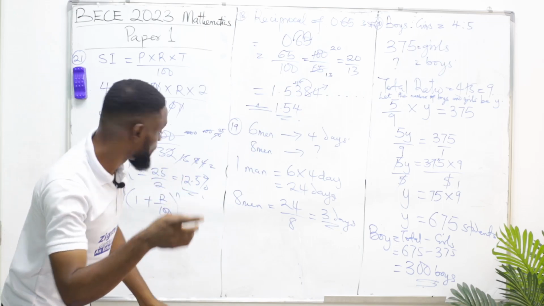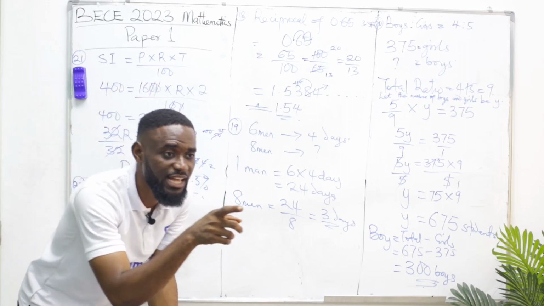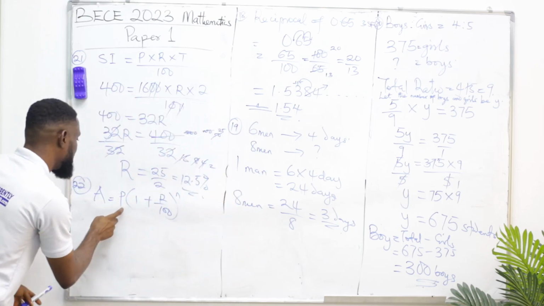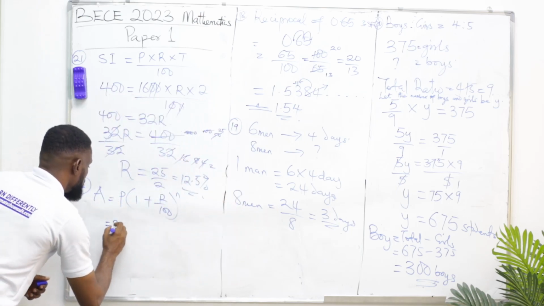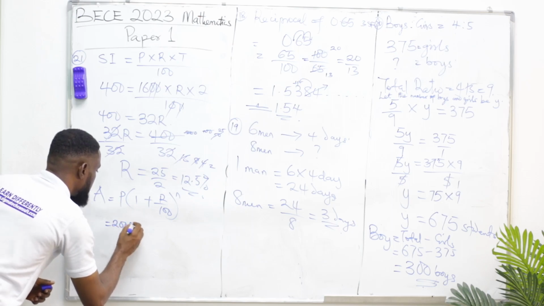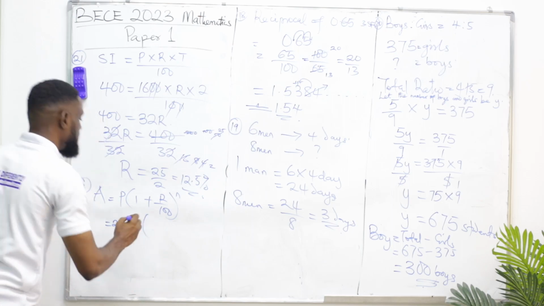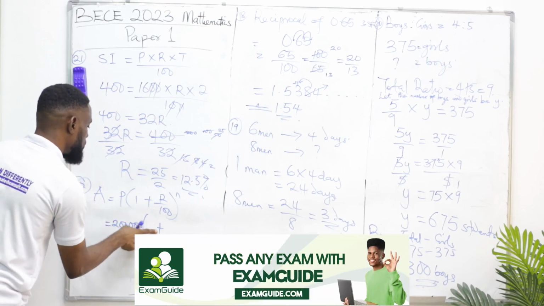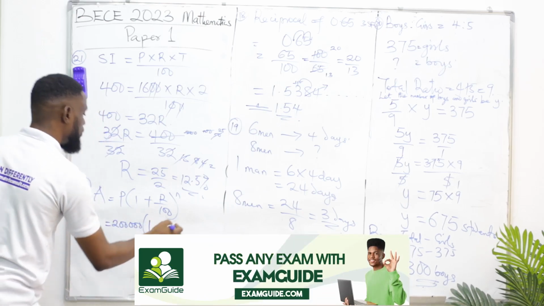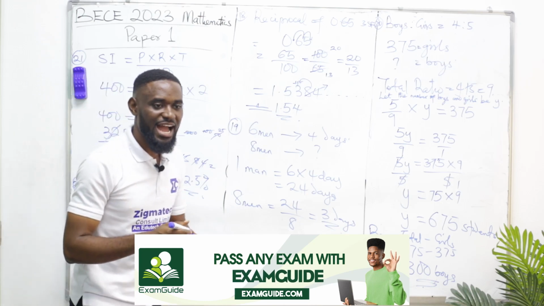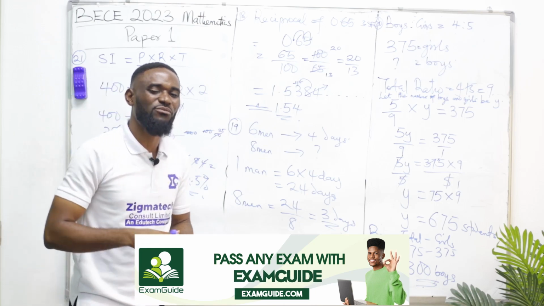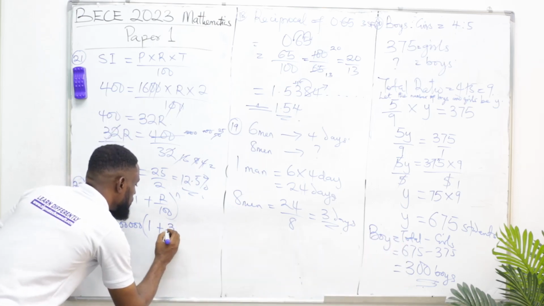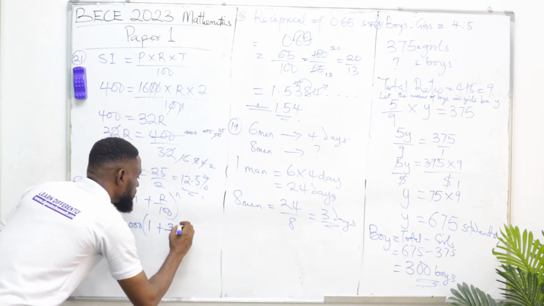The principal of this guy, a trader borrows 200,000. So in place of this, we are putting 200K, times 1 plus rate. They say at a compound interest of 3%. So the rate is 3 over 100.